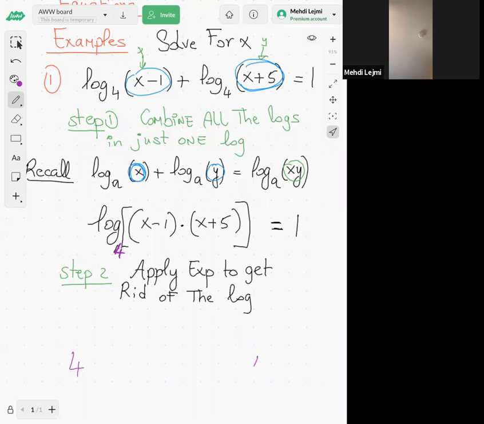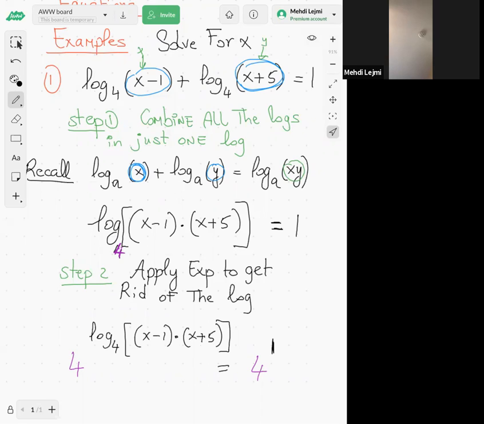Here's my 4. This is equal. On the right side, I have 1, so that will be 4 to the power 1. It's not 4 times 1, it's 4 to the power 1. Left side, that will be 4 to the power, this log in base 4, this x minus 1 times this x plus 5.